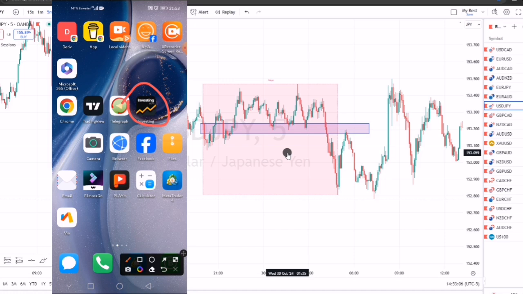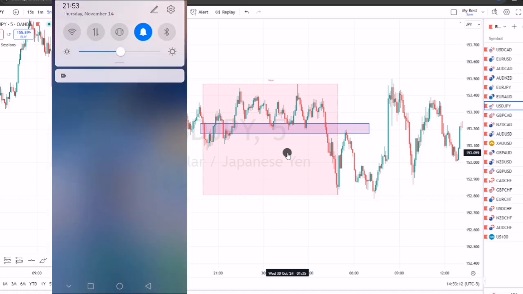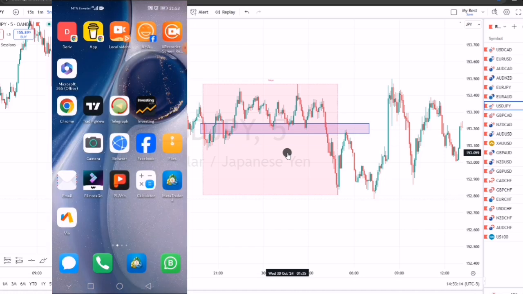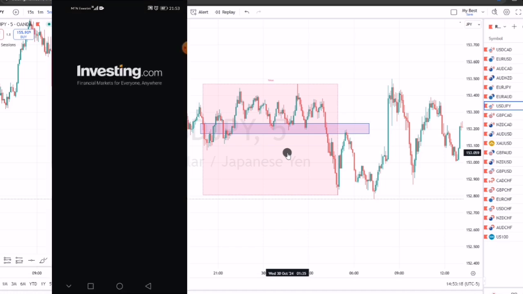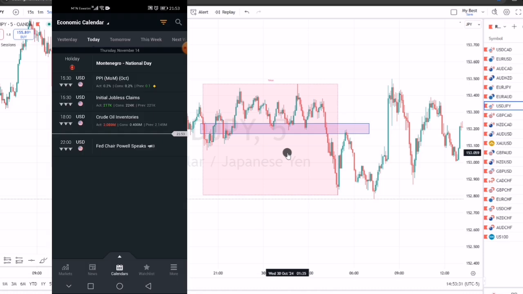So that investing.com app, you must have it so that before you do your trading, you want to see what is happening on that day. For example, today we did have several major news events.